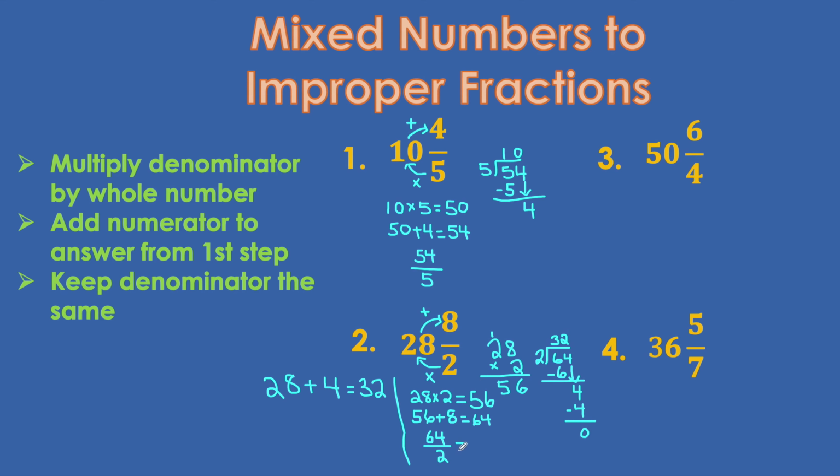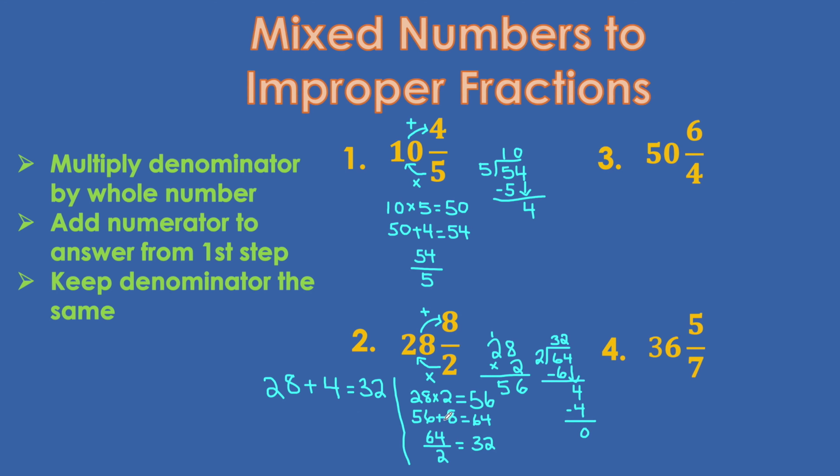So you see, we also get 32. So this first way is much quicker and faster, of course, and this is the second way, the way we would usually do the problem.